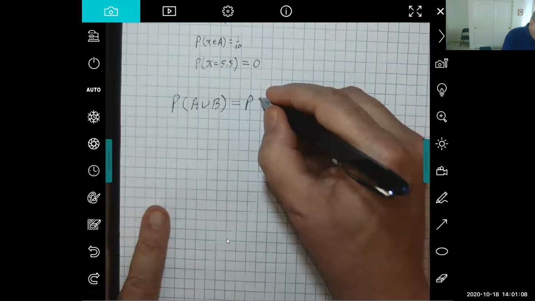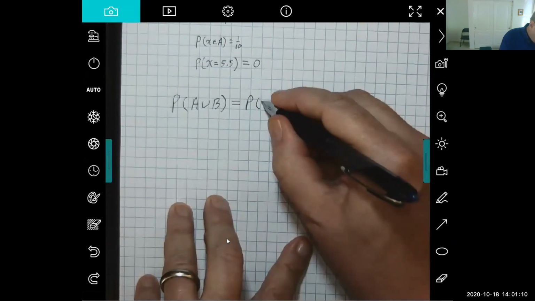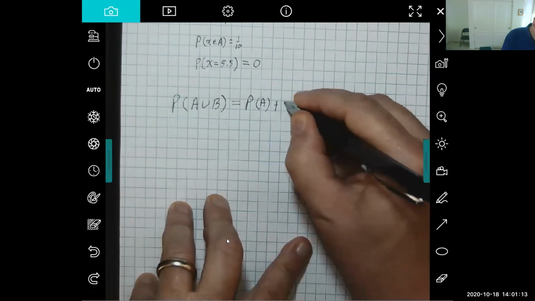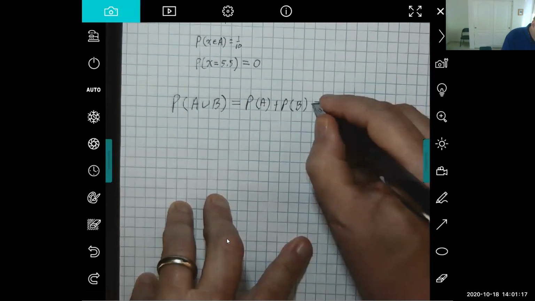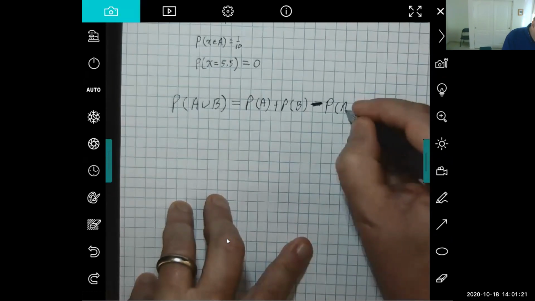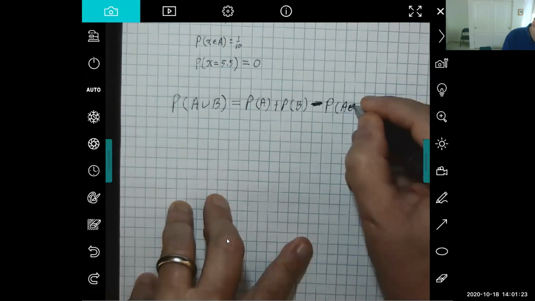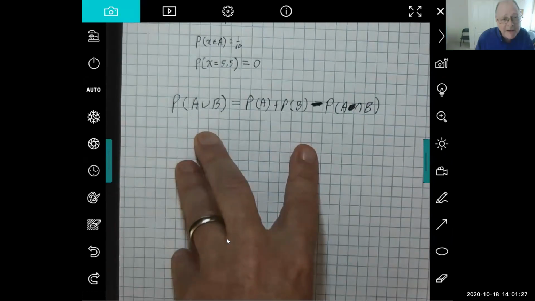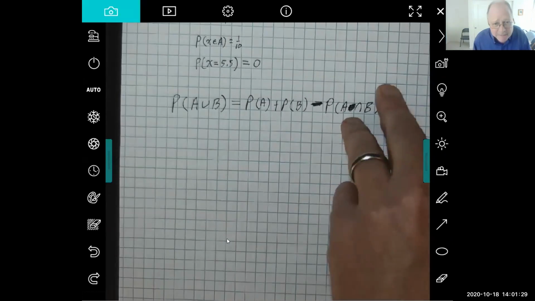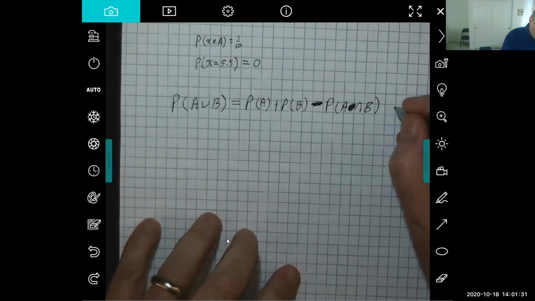So, we've got our general law of unions. The probability of A union B is P of A plus P of B minus P of the intersection in general.